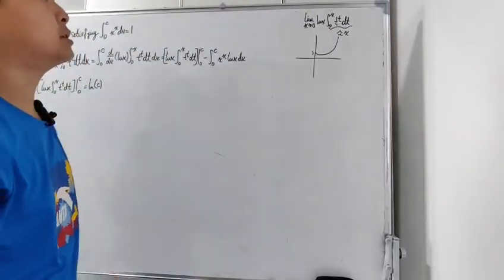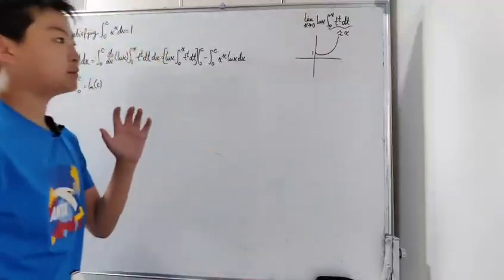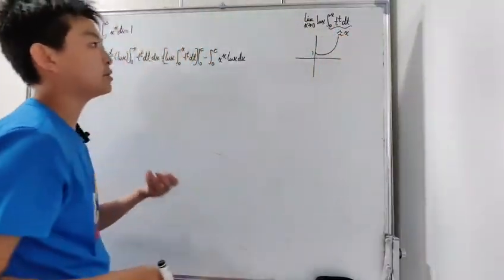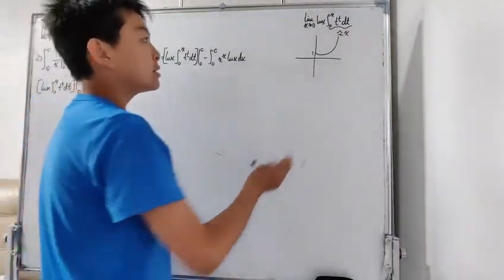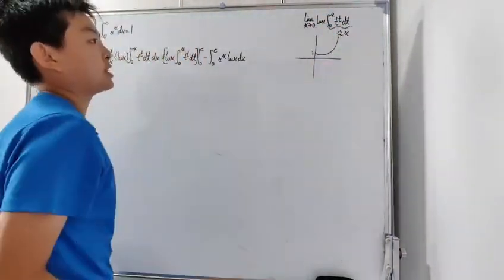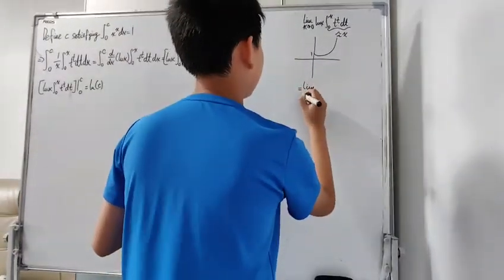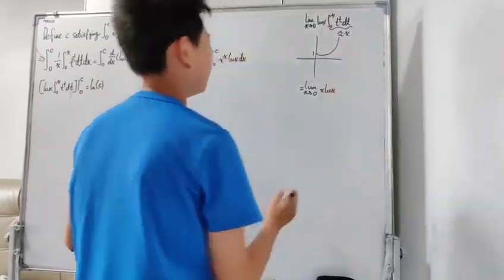Now, obviously, you could do the standard L'Hopital method, but this is probably a much easier way to represent this, because once again, it's just integrals, antiderivatives, and such. So if we have our approximation here, this is going to be just equal to the limit as x approaches 0 of x times the natural log of x.